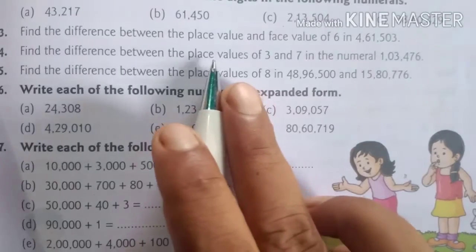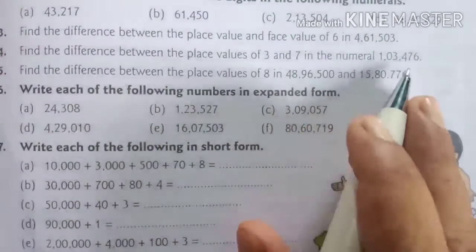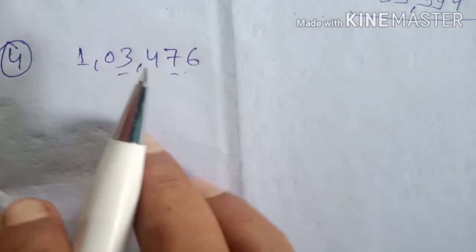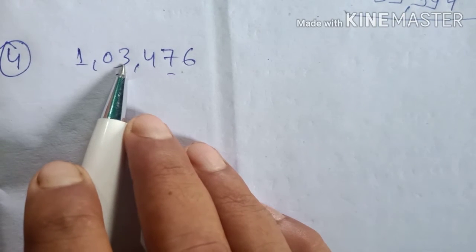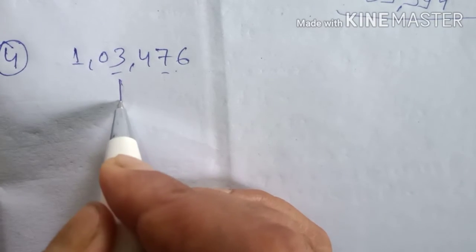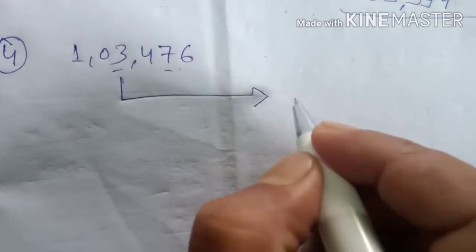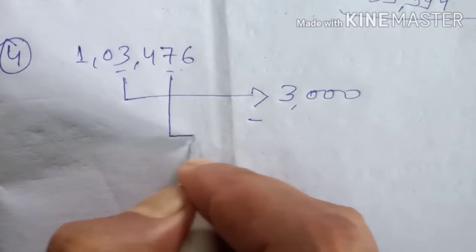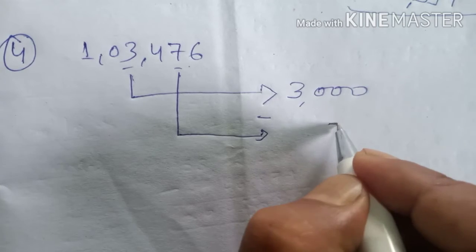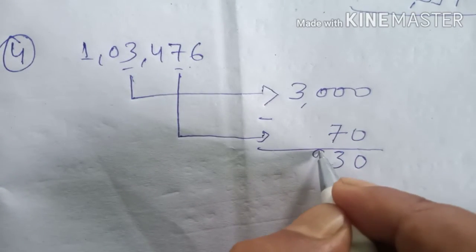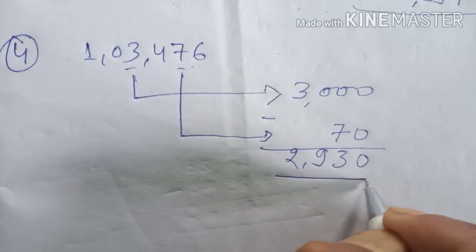In this question, you have to find the difference between the place value of 3 and the place value of 7. So the place value of 3 is 3000 minus the place value of 7, which is 70. Your answer will be 2930.